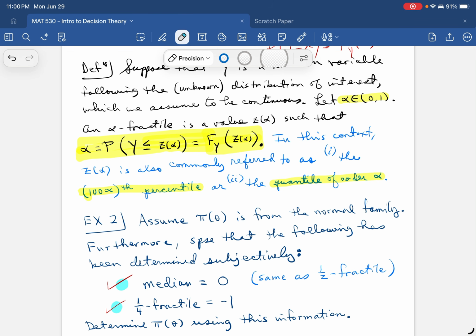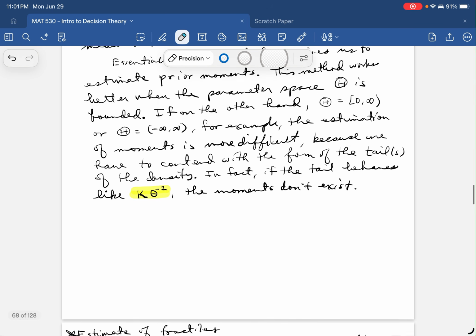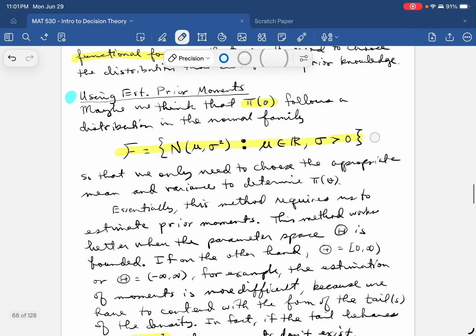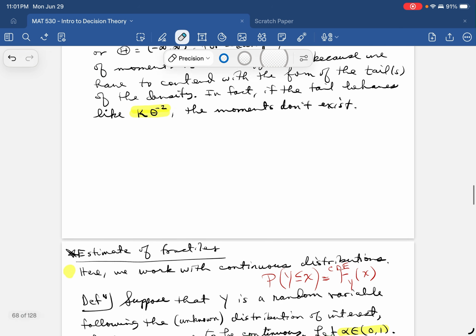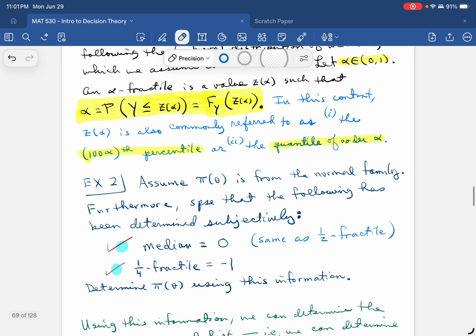So that's two conditions. And remember that we're assuming that this pi of theta comes from the normal family, and we need to determine two parameters to select from that family, right? There's two parameters to choose from here. We've got to know what mu is and what sigma is. And we have two conditions to do it.